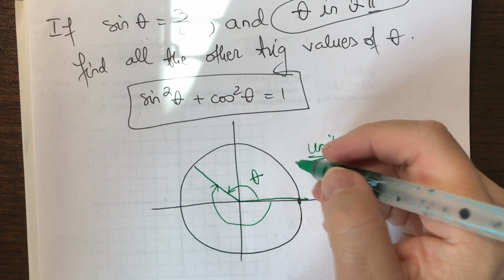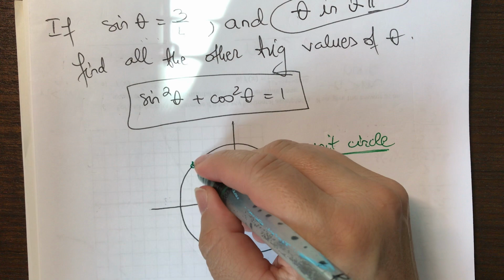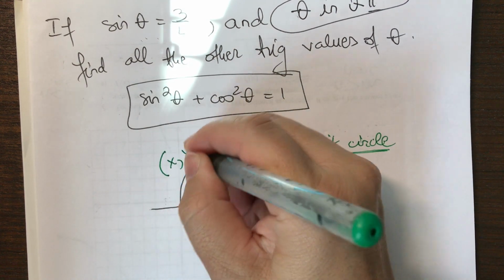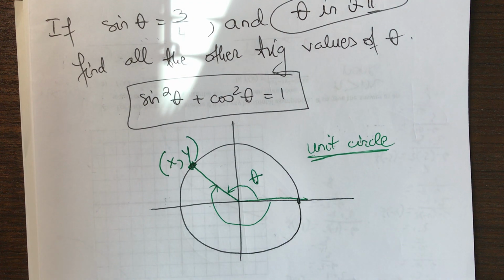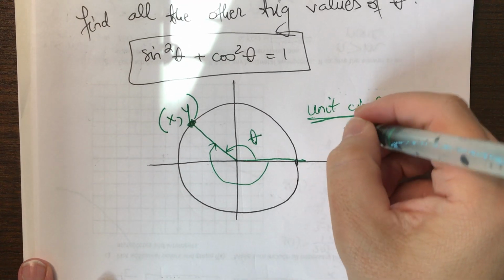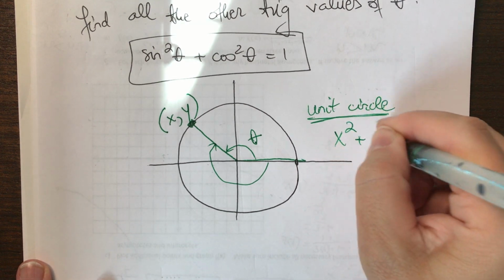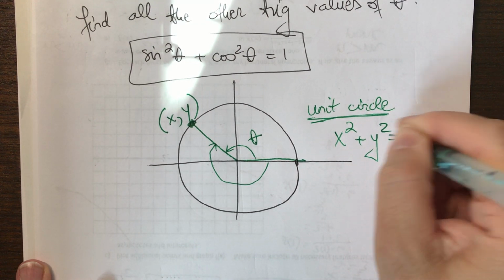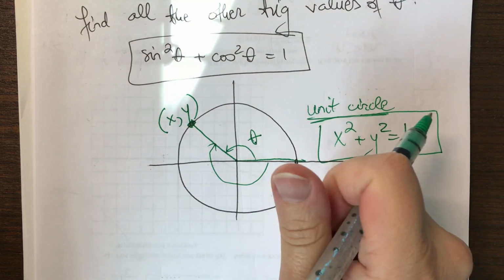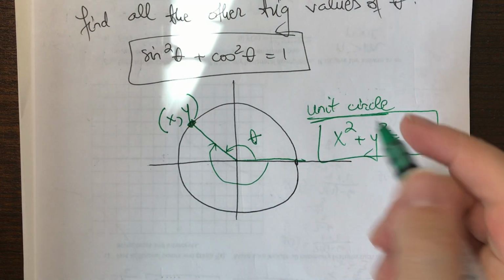What happens with this angle theta? Wherever it terminates, I have to use its x and y coordinates, yes? And what do we know? Being the unit circle, what is the equation of the unit circle? The equation of the unit circle is x squared plus y squared is equal to 1.